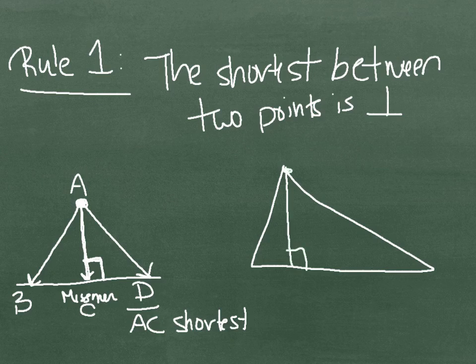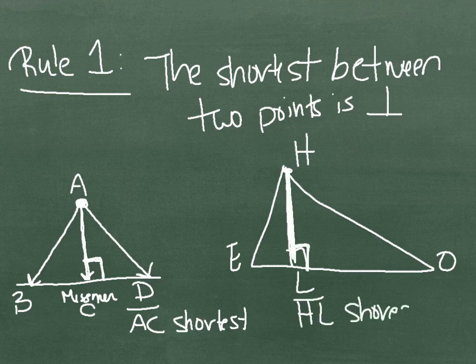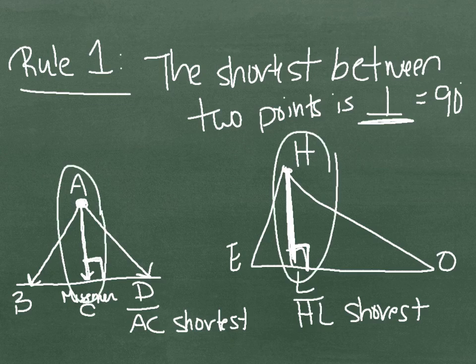And so they'll ask you, what's the shortest segment in here? And you would say HL is the shortest segment because HL is the one that forms the 90-degree angle. Okay, so that's real simple. First rule is the shortest distance between 2 points is going to be perpendicular, which remember perpendicular is going to form 90-degree angles. So AC and HL would be your shortest distances.